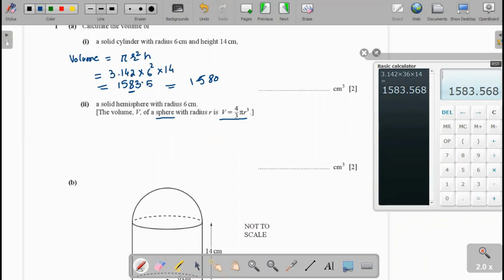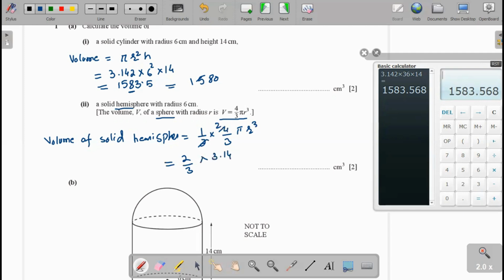Now the volume of solid hemisphere will be equal to 1 over 2, multiply this formula by 1 over 2, 4 over 3 pi r cube. Now the 2 over 3, that value becomes multiply 3.142, multiply the radius is 6 cube.